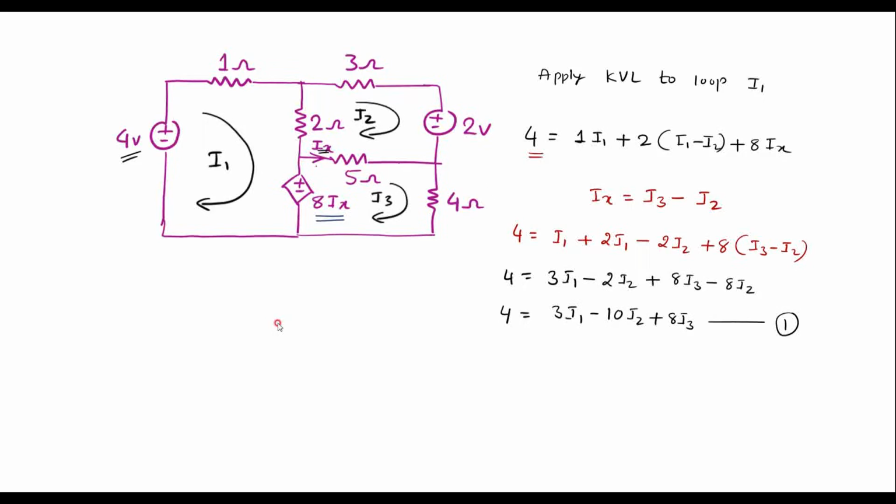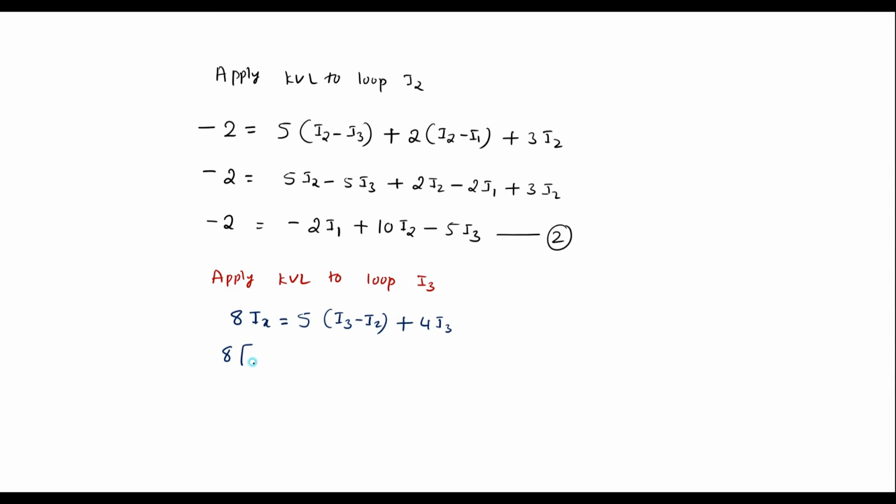Here Ix is nothing but I3 minus I2. So I can write 8 times I3 minus I2 is equal to 5 in bracket I3 minus I2 plus 4 I3.